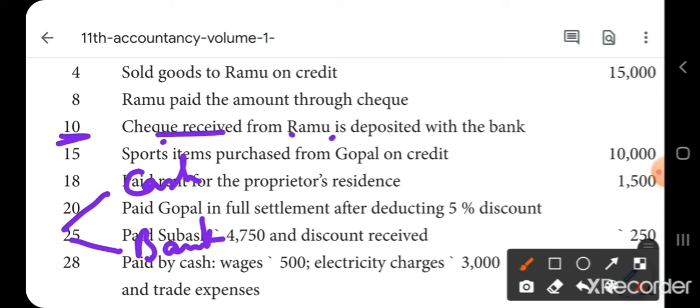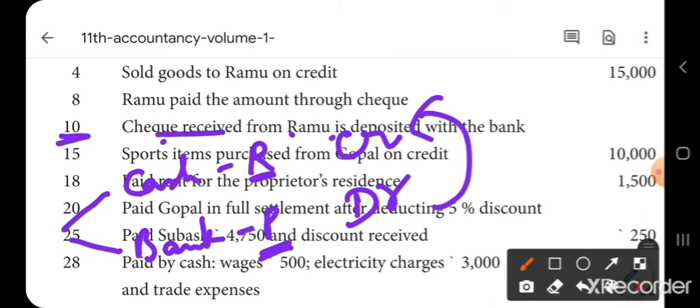That means cash and bank. Cash is a real account. Bank is a personal account. Real account, what is the rule? Debit what comes in, credit what goes out. So cash is going out of the business, credit cash. And personal account, what is the rule? Debit the receiver. Here bank is the receiver, so you debit. The entry will be bank account debtor to cash account.